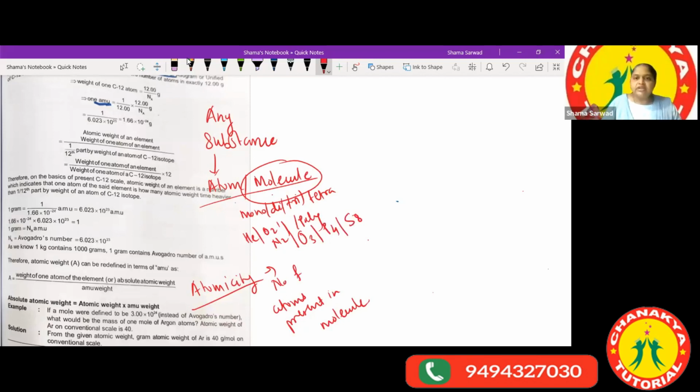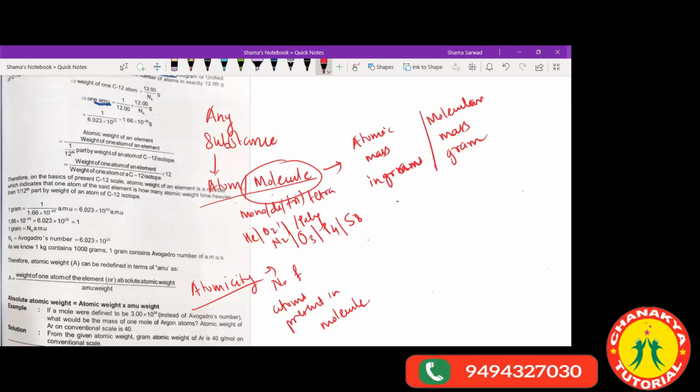After checking that, if it is an atom, you have to write its atomic mass in grams. And if a molecule is given, you have to take the molecular mass in grams.